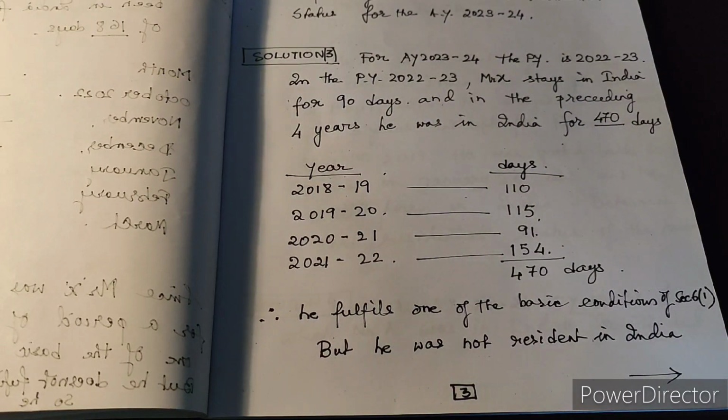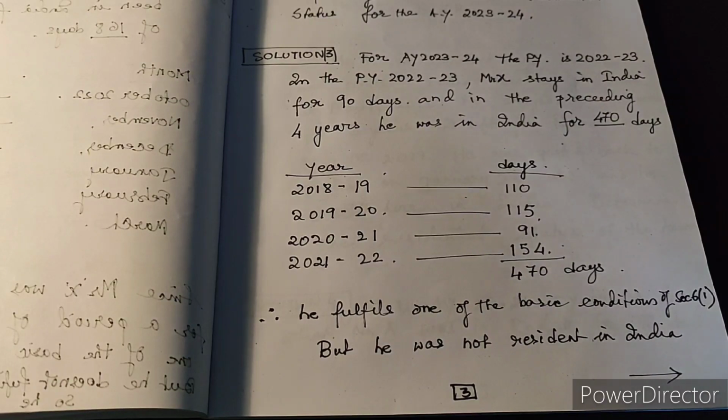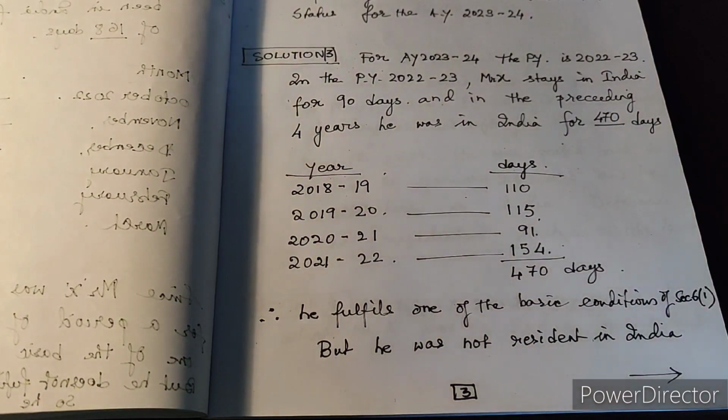Okay, because you know why we have taken 2018 to 19 and not 2017 to 18? We have not taken that year, have we? We have started from 2018 to 2019.